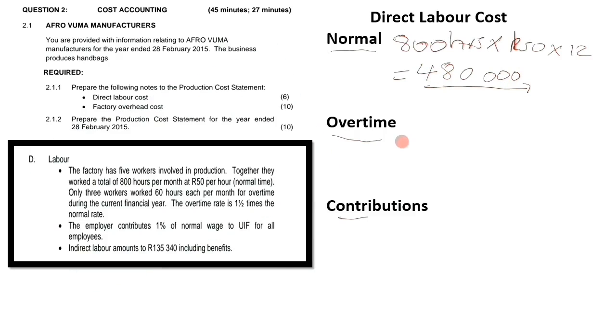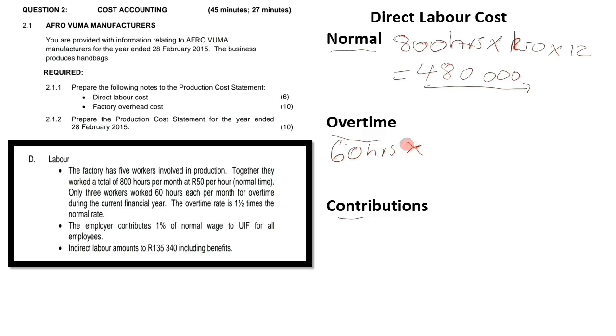The statement continues: only 3 workers worked a minimum of 60 hours each per month for overtime during the financial year. The overtime is rated at 1.5 times the normal rate. So each employee will work 60 hours for overtime.